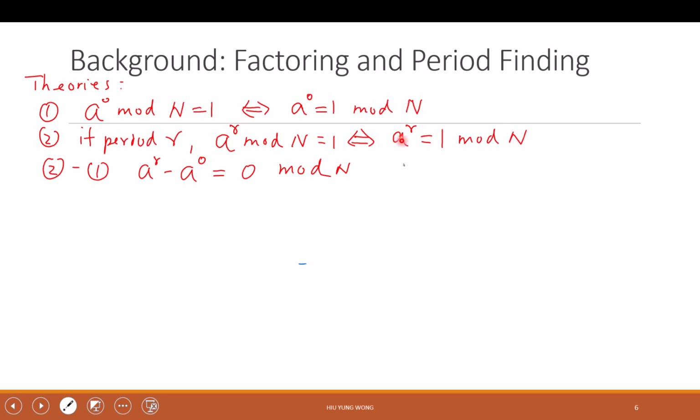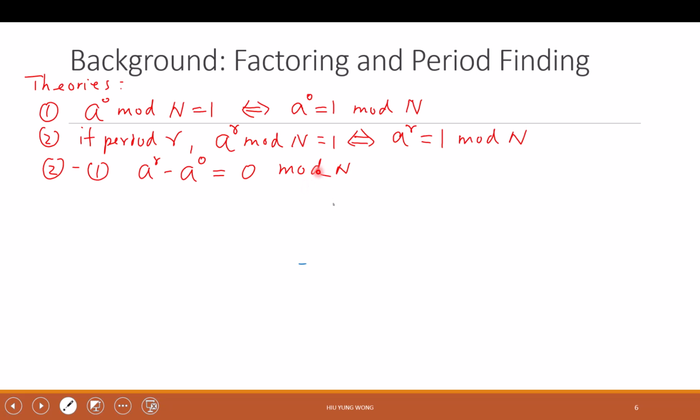If I don't have mod n in normal algebra, a to the power 0 equals 1, a to the power r equals 1, then of course on the left-hand side, subtracting, a to the power r minus a to the power 0 equals 1 minus 1, right? So this is equal to 0, right? But in this mod n, I don't know how to go, domain, right? It is still the same, right?